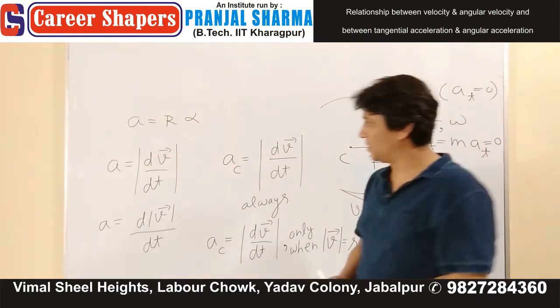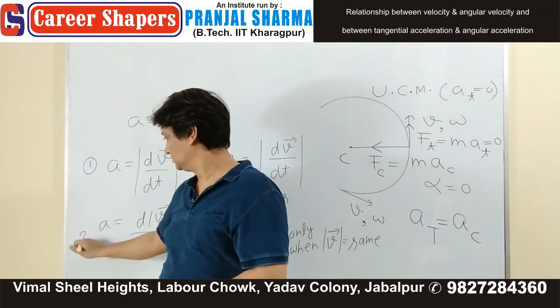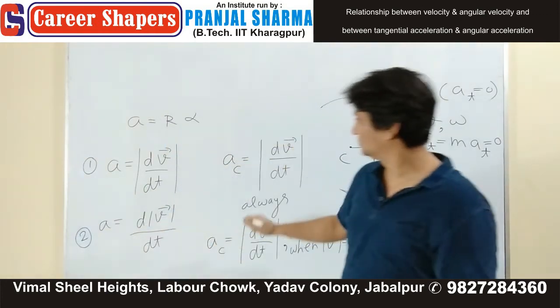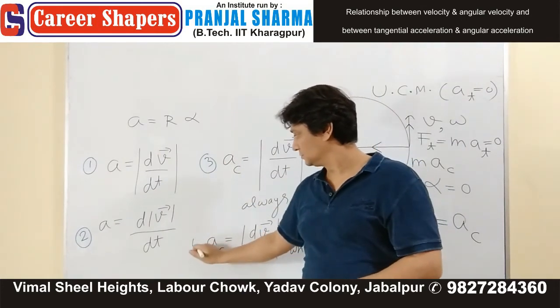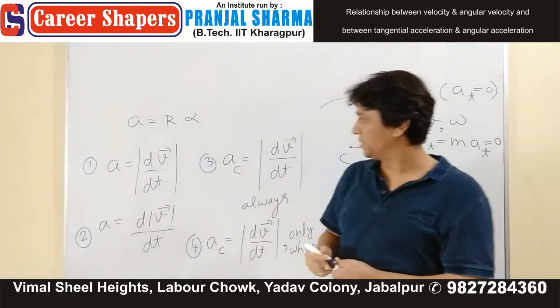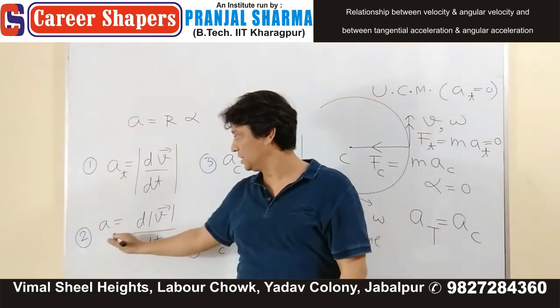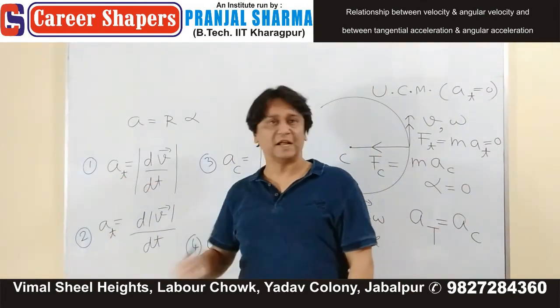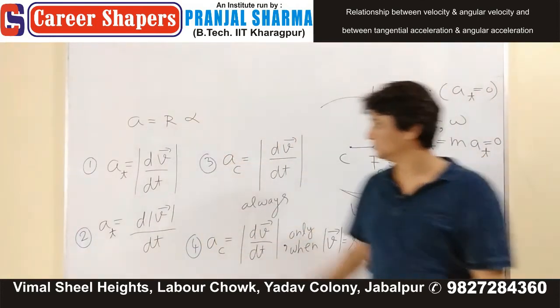These are the four options. I'll make it 80. Small d, tangential, which we use in this. 1, 2, 3, 4.